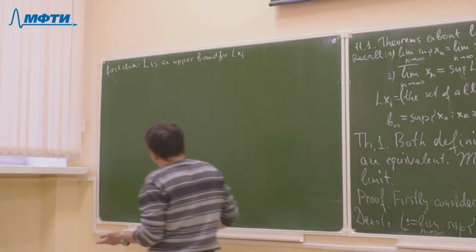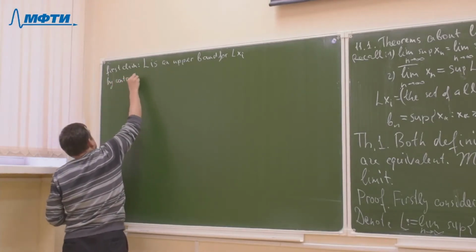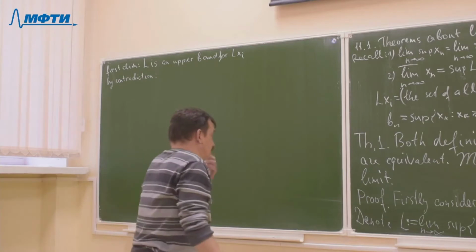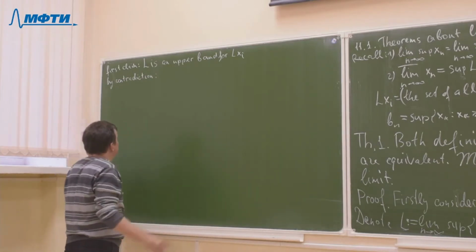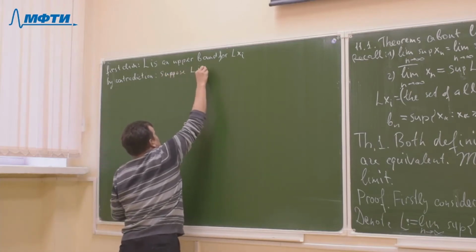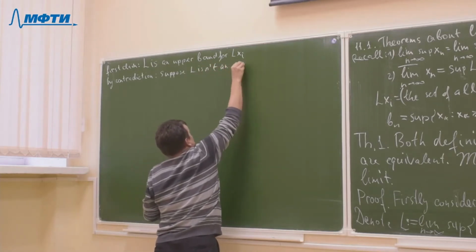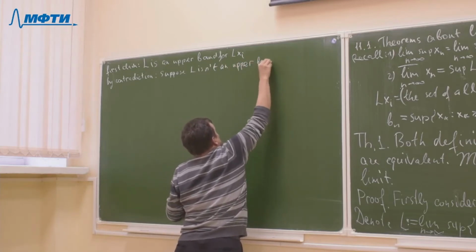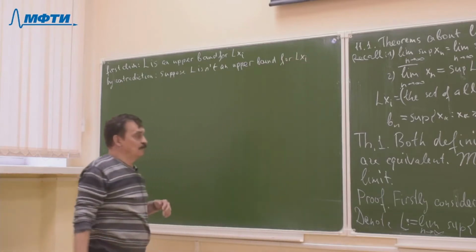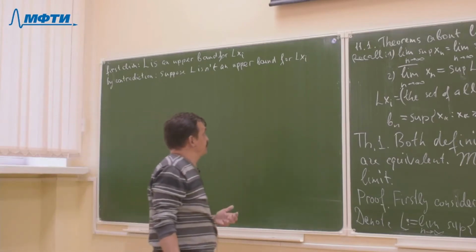So by contradiction, so what does by contradiction mean here? Suppose L isn't an upper bound for L(xi).